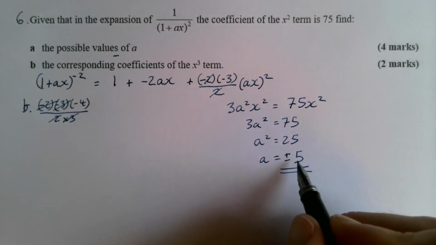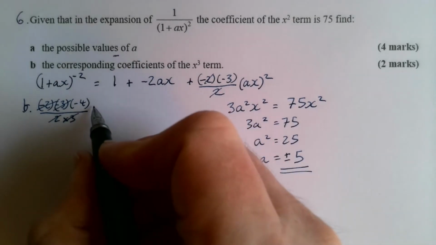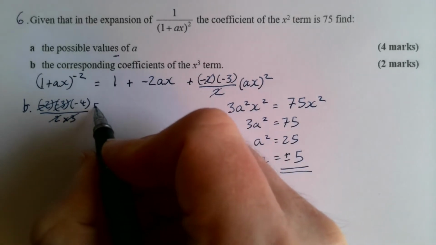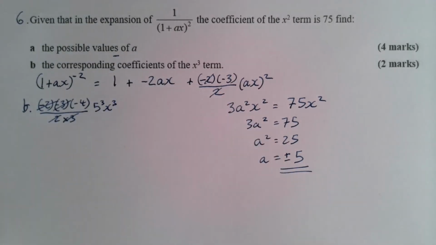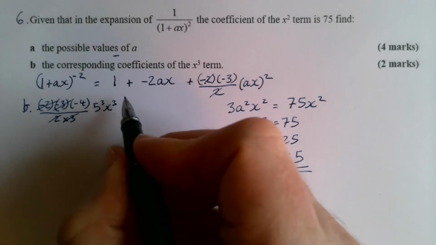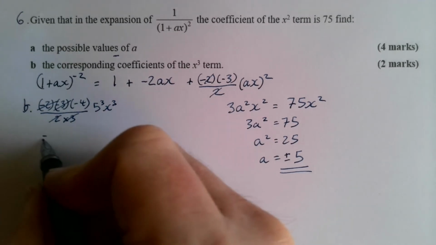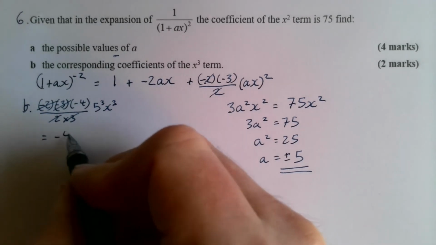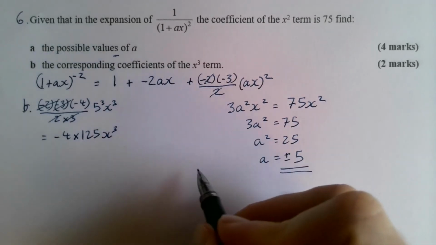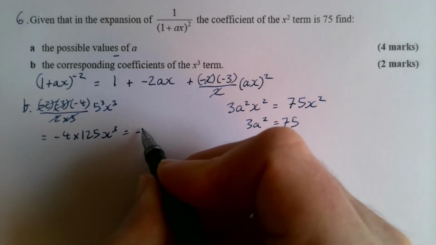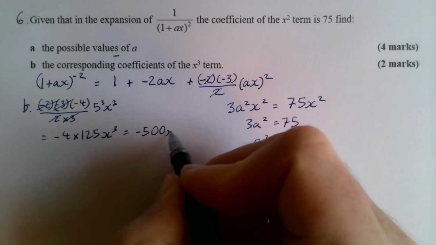We know that the a is 5, so if we do it for +5 first, 5 cubed x cubed is what that's going to give us. Or you could have written 5x all cubed and then looked at that. That's going to give us -4 times 125 x cubed, which is -500.